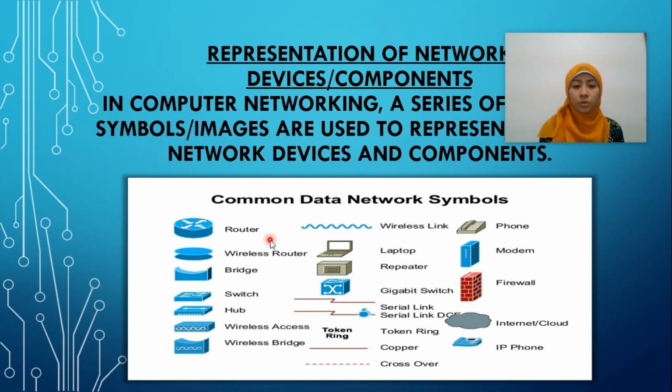We have here router, wireless router, bridge, switch, hub, wireless access point, wireless bridge, wireless link, laptop, repeater, gigabit switch, serial link, serial DCE, token ring, copper, crossover, phone, modem, firewall, internet or cloud, and IP phone.